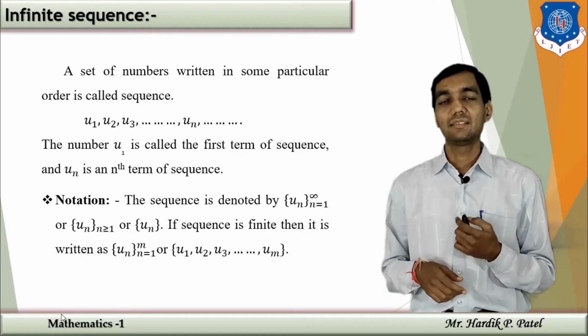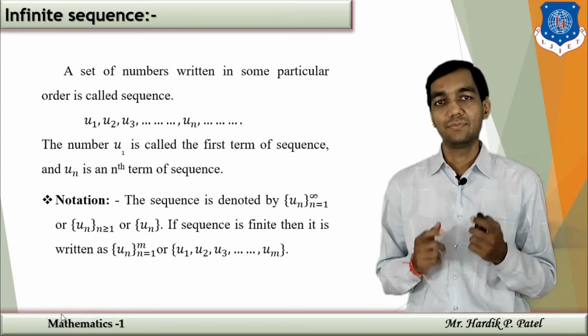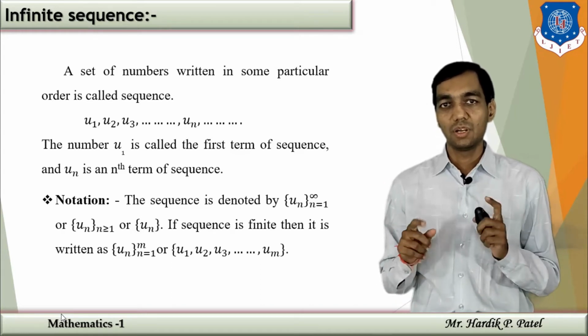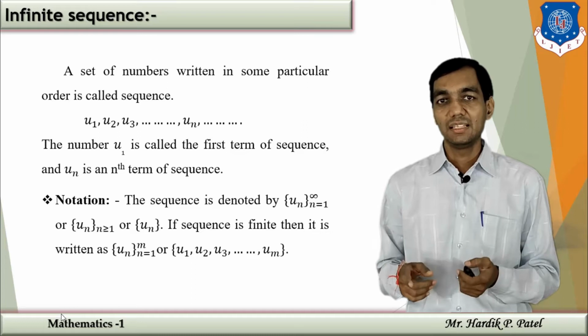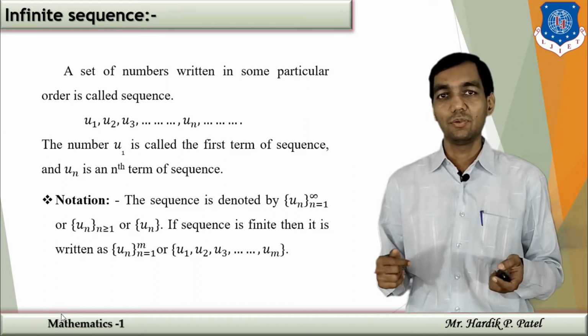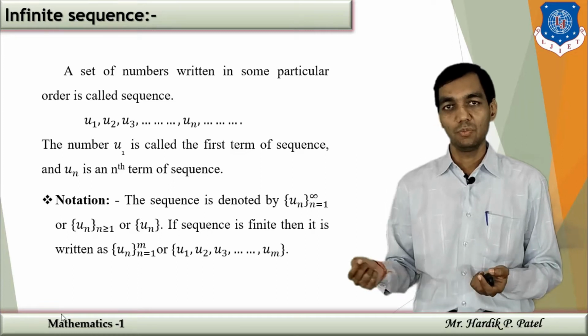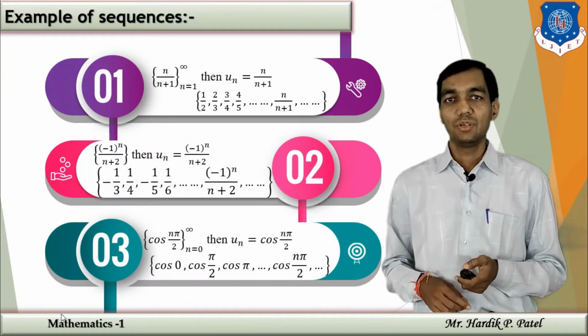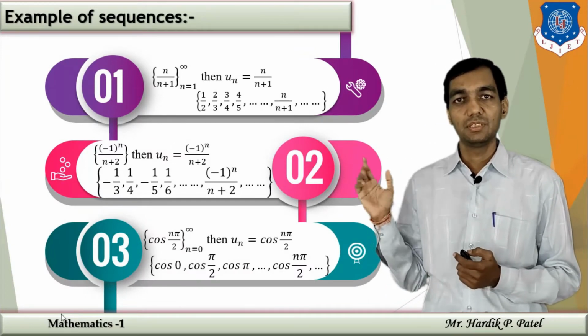If your sequence is finite, then it is written in the form of curly bracket un where n is running from 1 to m, or you can write it as the set u1, u2, u3, um.